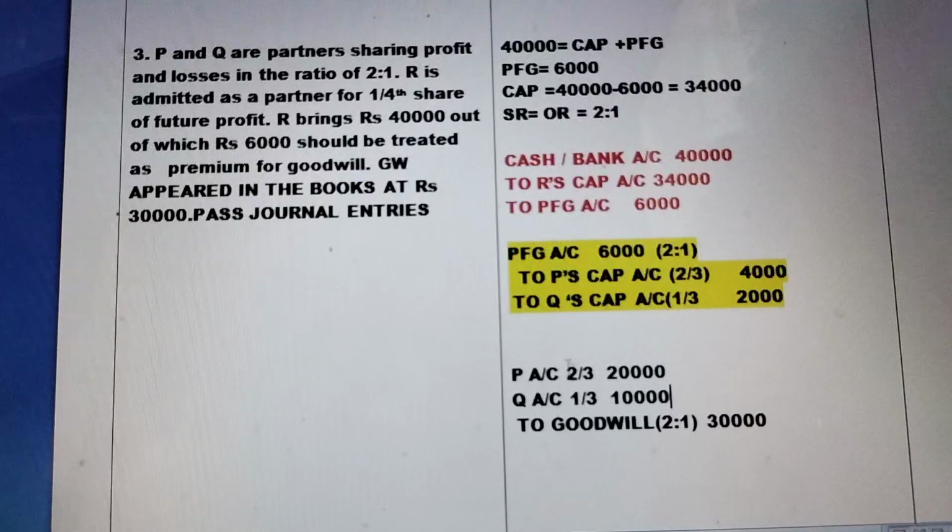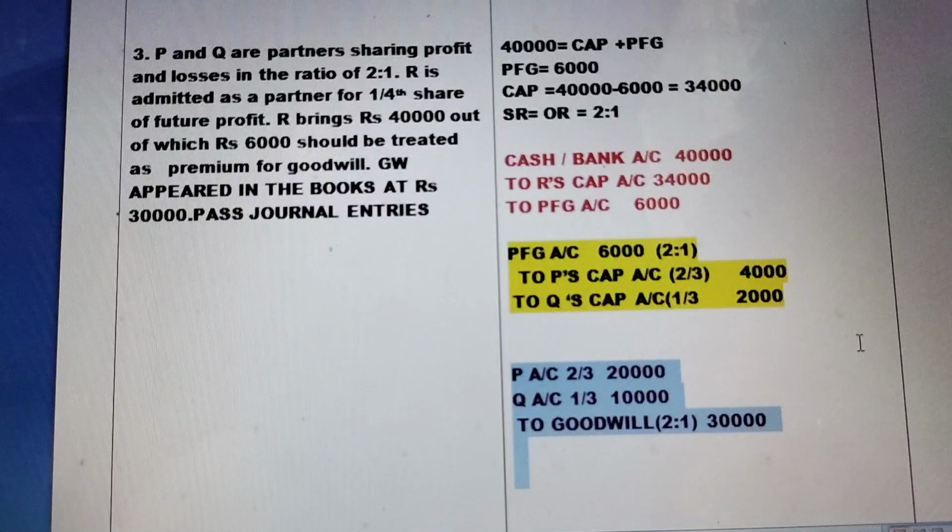I changed it to 30,000 instead of 4,000 because it is a bigger amount and divisible by 3. So this is the required entry.